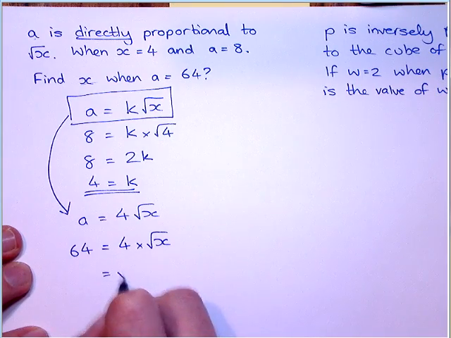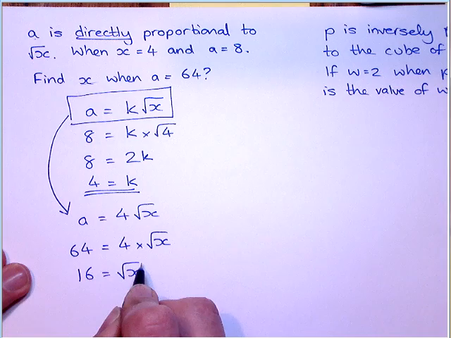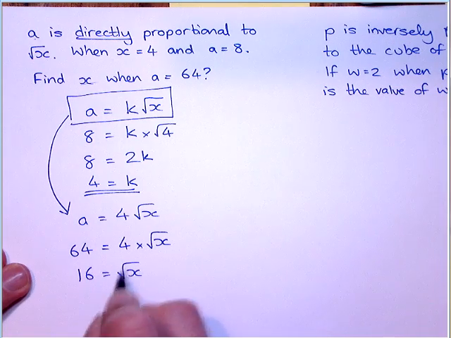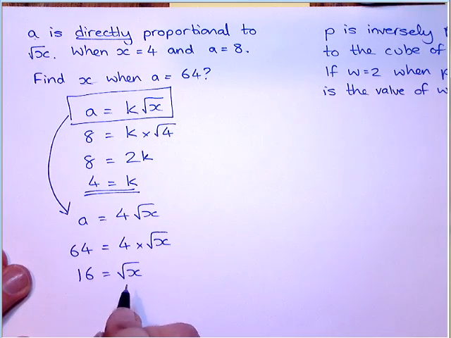We can get the square root of x on its own by dividing by 4, halving and halving again if you're a little bit unsure. So the square root of x is 16. A lot of people put x as 4 here, but that doesn't work. We're going to have to square both sides to remove the square root.